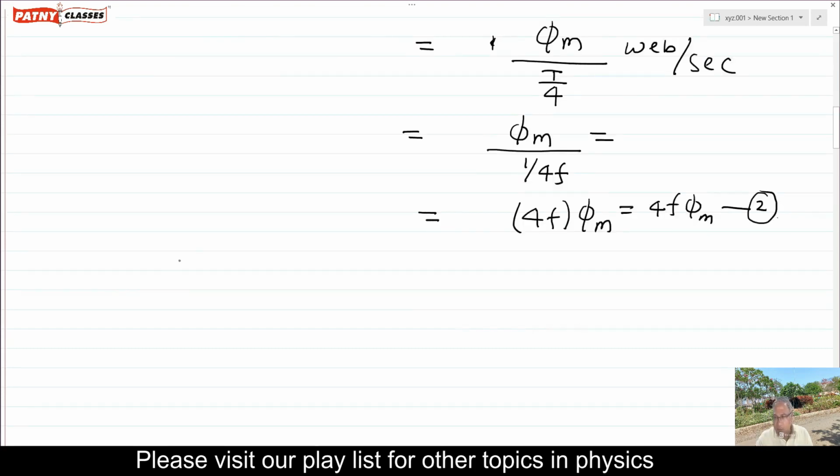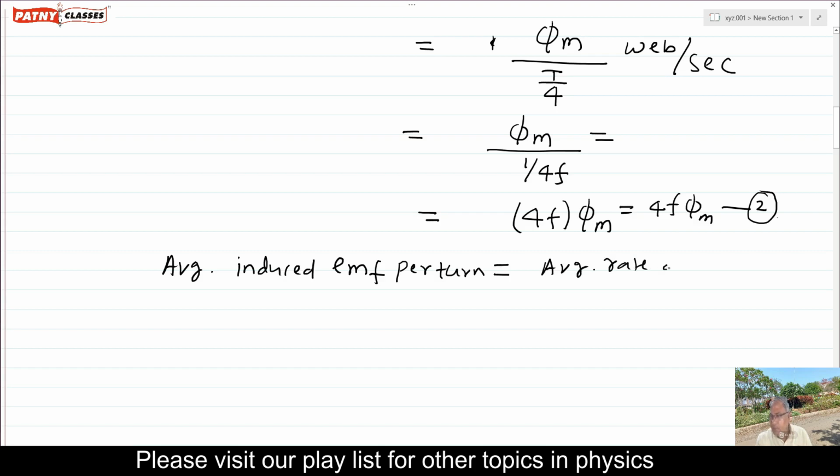Now we know that average induced EMF per turn equals the average rate of change of flux. This is the EMF induced per turn, according to Faraday's law of electromagnetic induction.